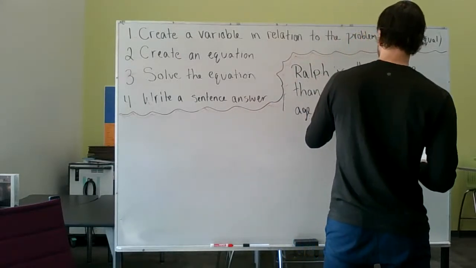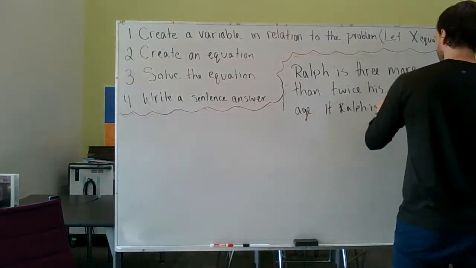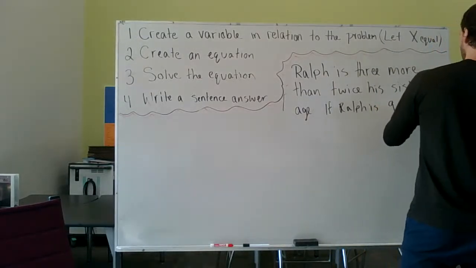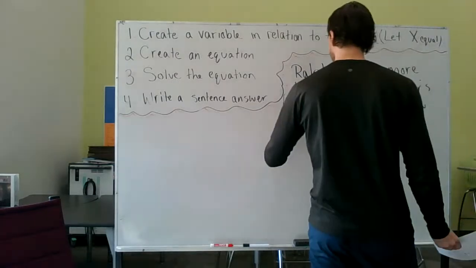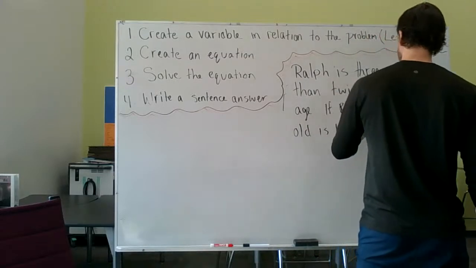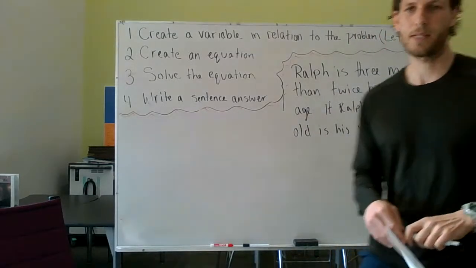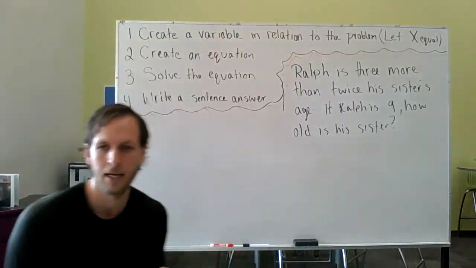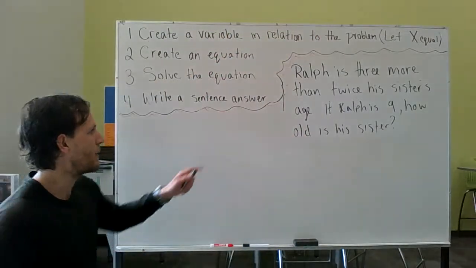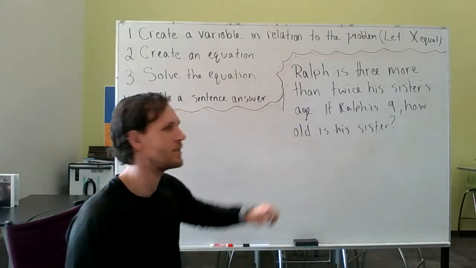If Ralph is 9, how old is his sister? Okay, once again, I'll read it. Ralph is 3 more than twice his sister's age. If Ralph is 9, how old is his sister?